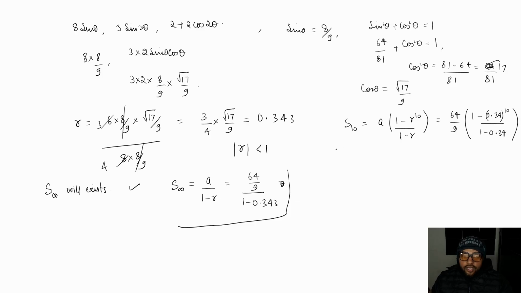Okay, so S infinity negative of S10. So from here, what we need to get? S infinity negative of S10, we'll be calculating it. We'll just solve this value S infinity and S10 from here, and then we can plug in the values.